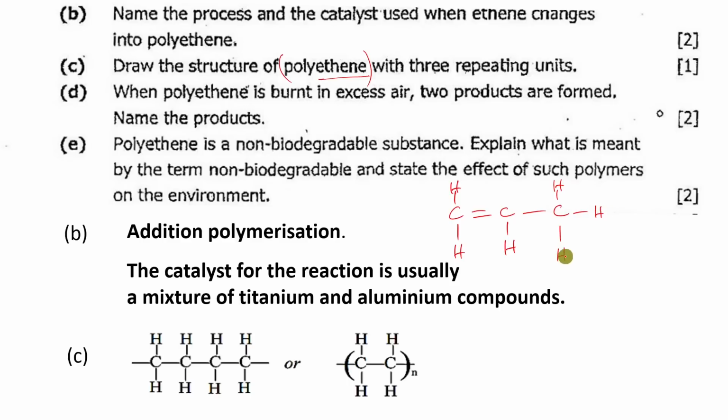Now, I've managed to come up with that because each carbon must be surrounded by 4 bonds. 1, 2, 3, 4. This one, 1, 2, 3, 4. This one, 1, 2, 3, 4. However, this polythene sometimes is written like this.